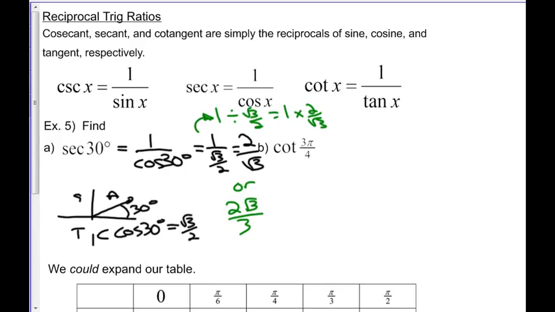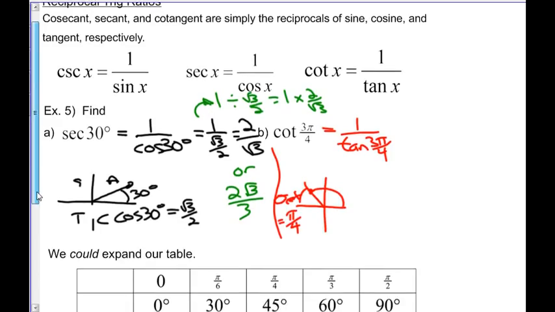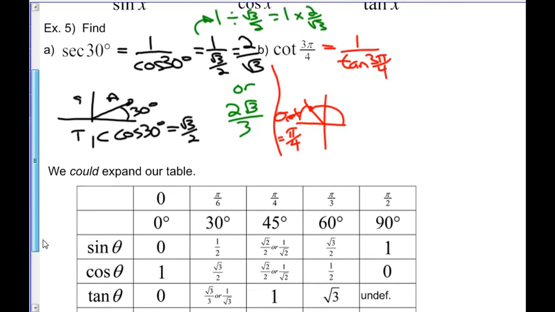Same idea here with cotangent of 3 pi over 4. That's the same as 1 over tan 3 pi over 4. And tan 3 pi over 4, well, here we go. There's 3 pi over 4. Theta ref would be pi over 4. I've actually got a table down here, so I'll just scroll down.